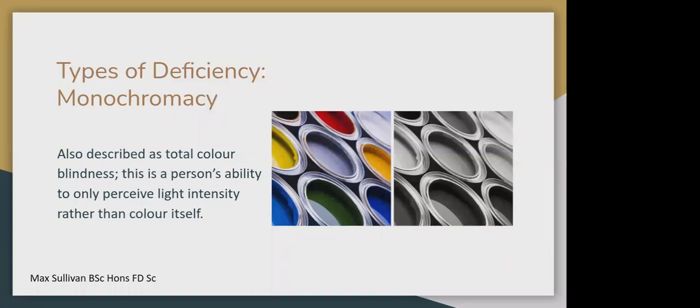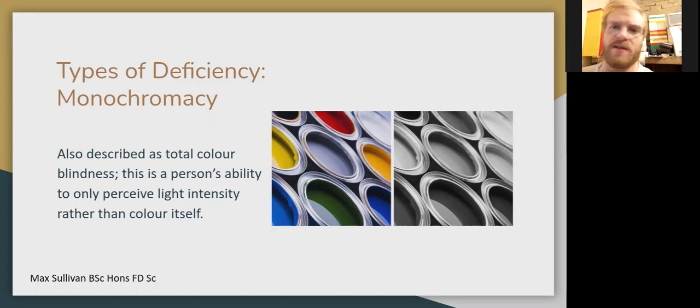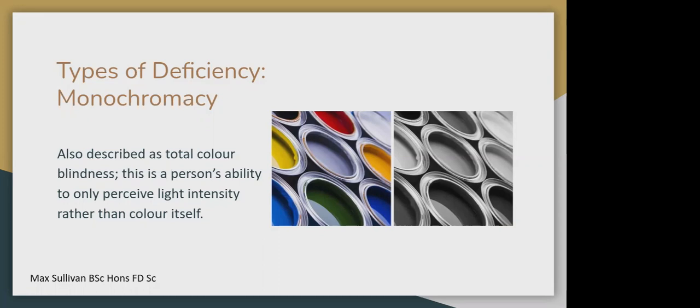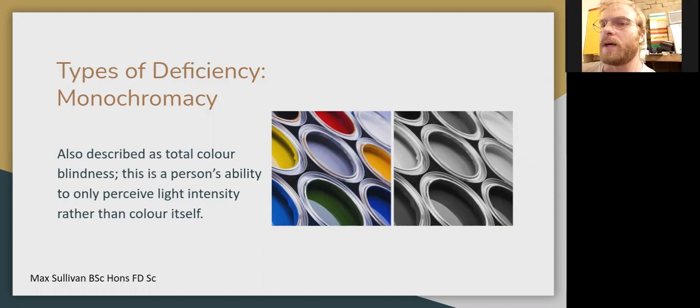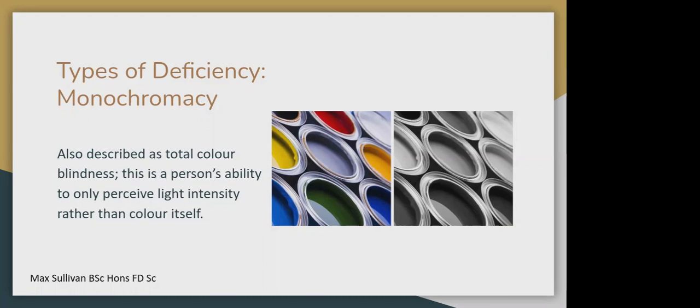But this is. No, go on, Tom, sorry. Because I looked into color blindness a little bit as well, like when I was asking if we could do a talk about it, and I think quite a lot of the time this might be due to trauma to the brain.